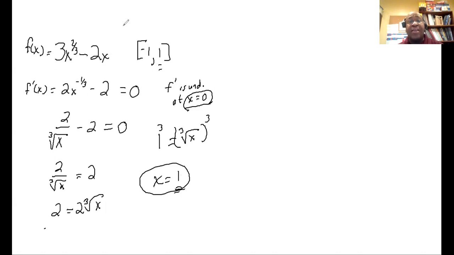So now that we found the critical points, we have the endpoints. We do just as we did before. Test our values. So the endpoints, -1 and +1, which is also a critical point, and then x equals 0, which is a critical point.